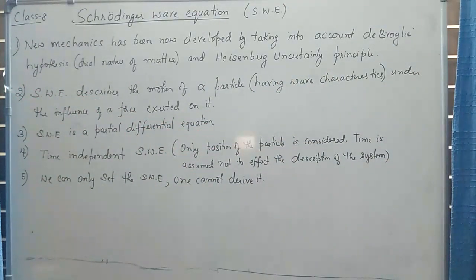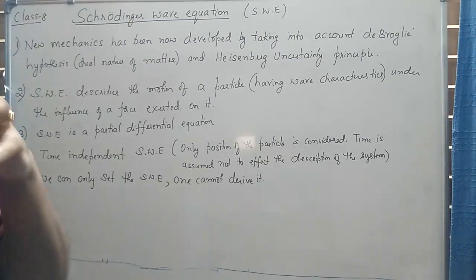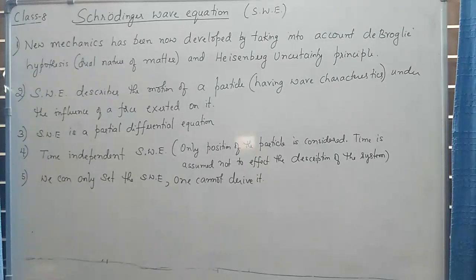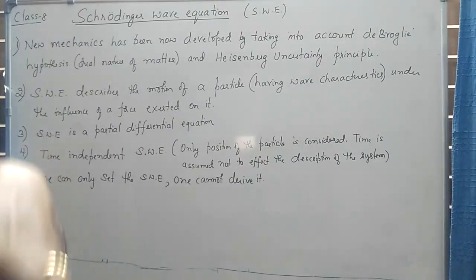For example, if you want to describe the motion of the electron, which is under the influence of the nuclear force, the nucleus at the center of the atom is exerting a force on the electron, and due to this force the electron is behaving in some fixed manner.